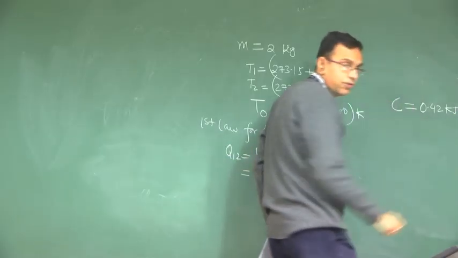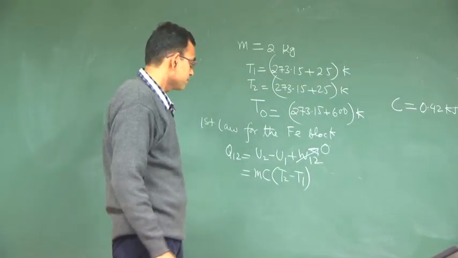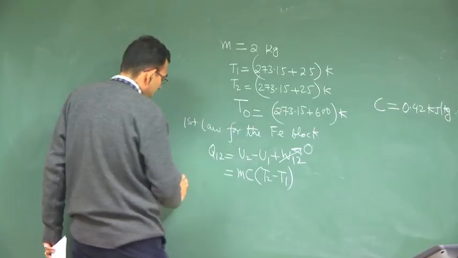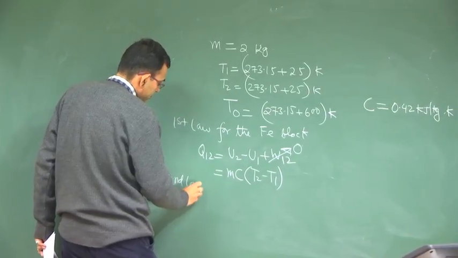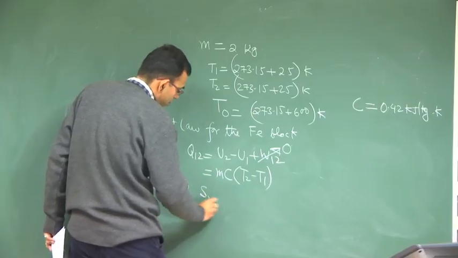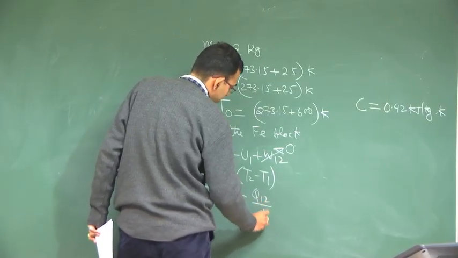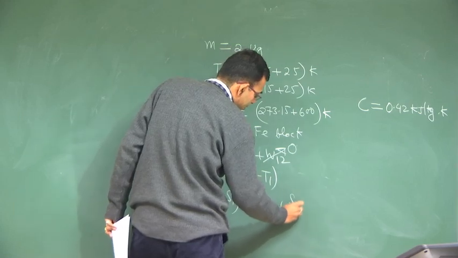This data is required for solving your problem. So, you get what is Q12. Then you apply the second law, S2 minus S1 is equal to Q12 by T0 plus entropy generation.